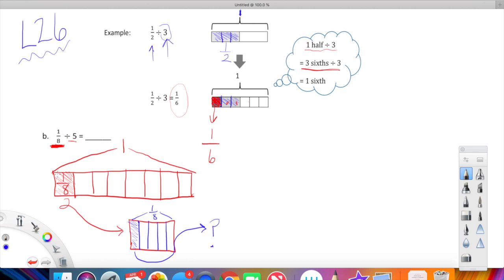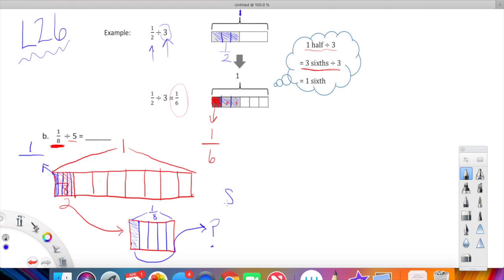What I did was I sliced my 1/8 into 1, 2, 3, 4, 5 slices, and I'm looking for what fraction that little slice is. Well, I know that I just have 1 shaded in, but I have to figure out what our denominator is. So 1 is divided into 1, 2, 3, 4, 5, 6, 7, 8 slices.